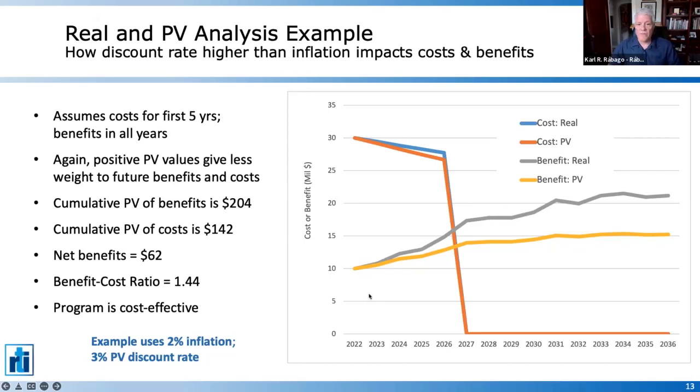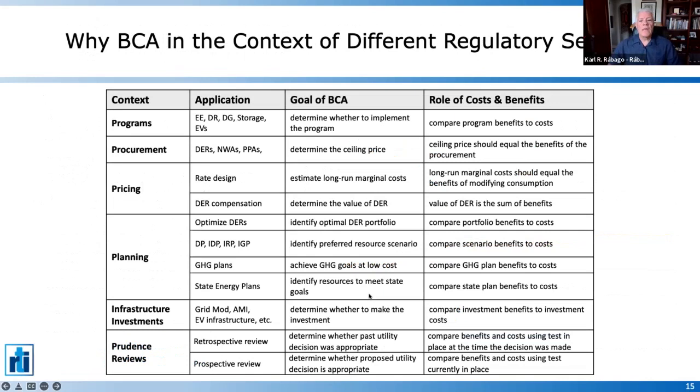Great, thanks. Now that we all understand how time and discount rates affect this, I promised you before that there's a whole lot of ways we can use this analysis. I've been talking about programs and procurement decisions, but here they are in a big table.